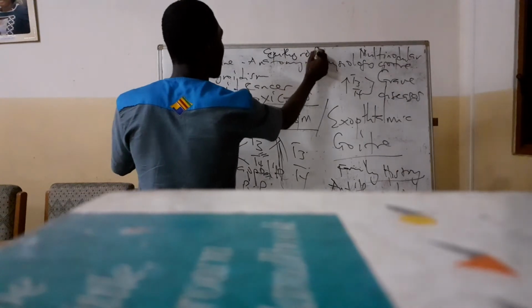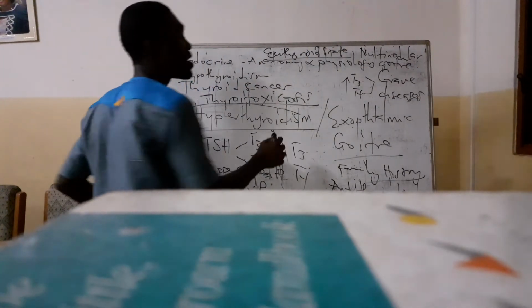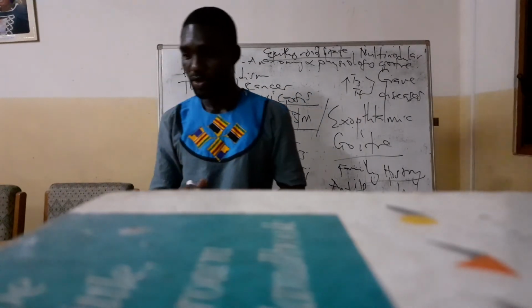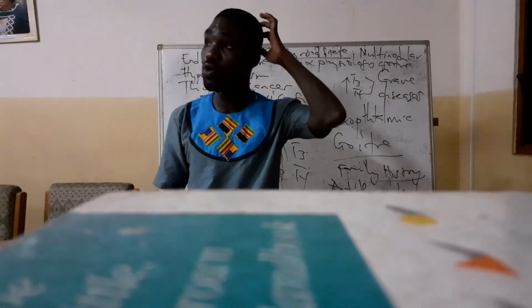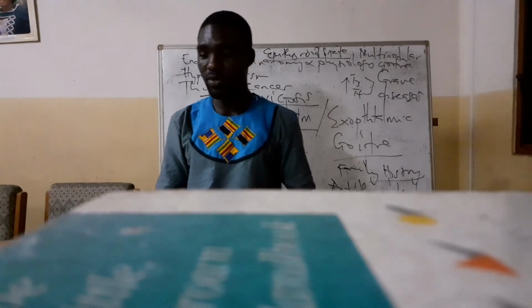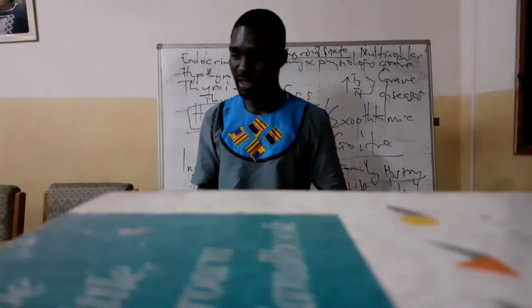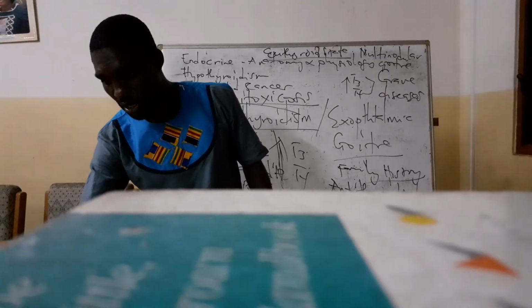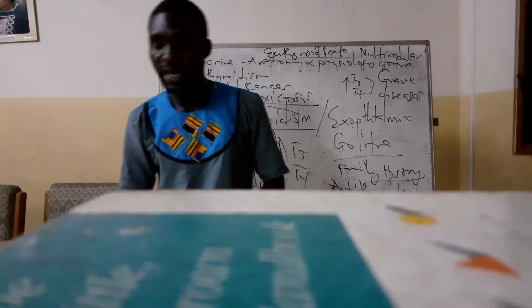Euthyroid state, right? That is the normal T3, T4 levels. So even if a person is booked for thyroidectomy, we have to make sure we give medication to bring down the hormones before the patient is sent to the theater.